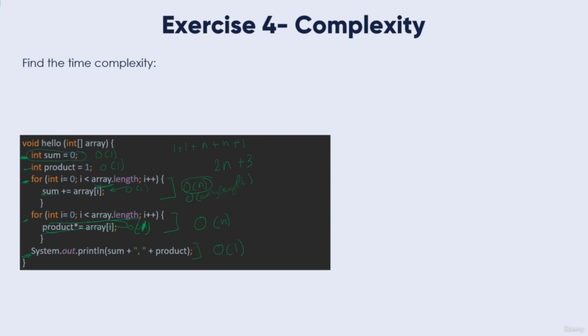We have two terms. We take the highest term and remove the constant from this term. It will result in O of n. So in this way, we are solving every exercise and understanding the time complexity for every question.